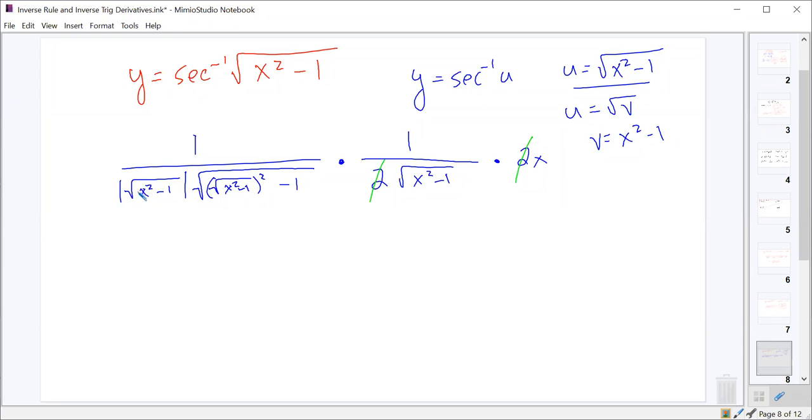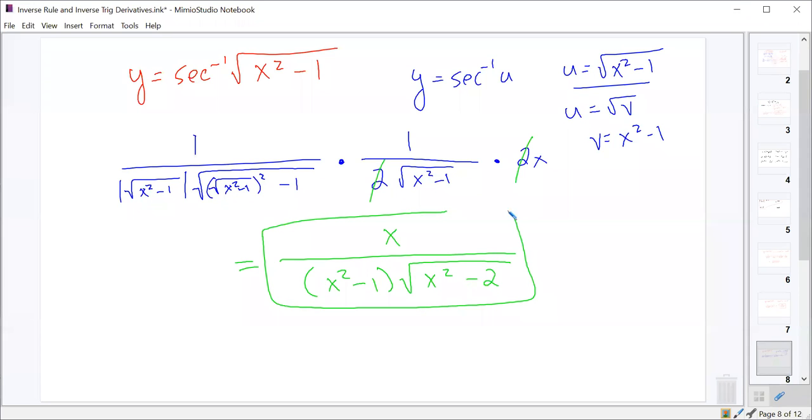So really what I've got is the square root of x squared minus 1 times the square root of x squared minus 1, which is just x squared minus 1. And then if I square the square root of x squared minus 1, I just get x squared minus 1, minus another 1 is x squared minus 2. Any questions or issues with that one?